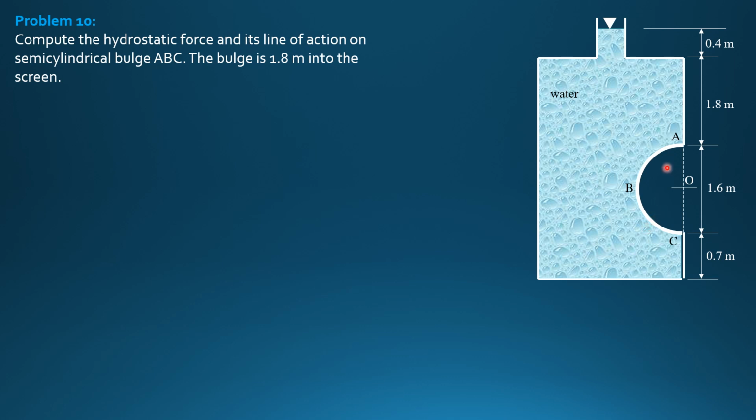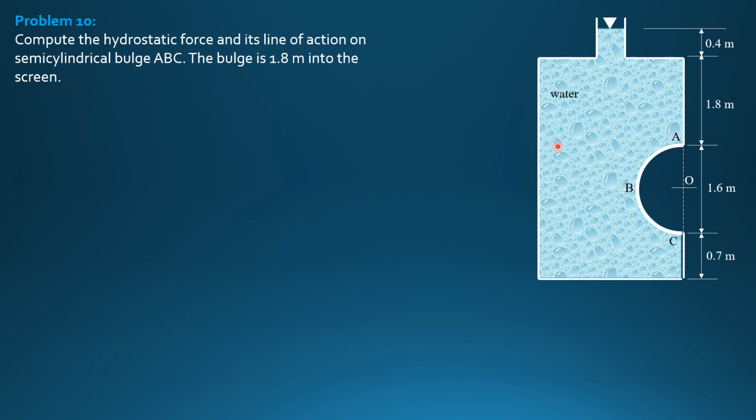semi-cylindrical bulge, not hemispherical. So for the horizontal force, we draw lines to the endpoints of the curve, which is A and C, but this is cylindrical, so therefore it is 1.8 meters into the screen.